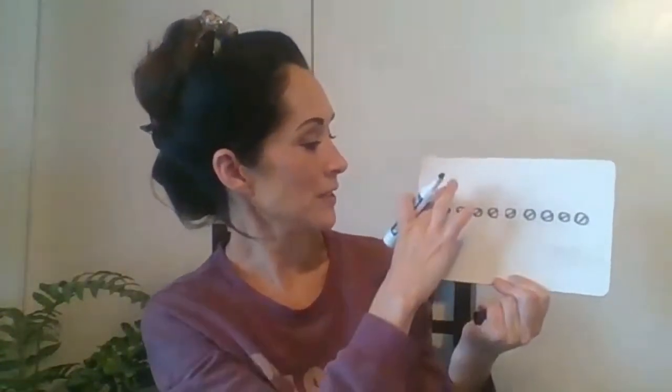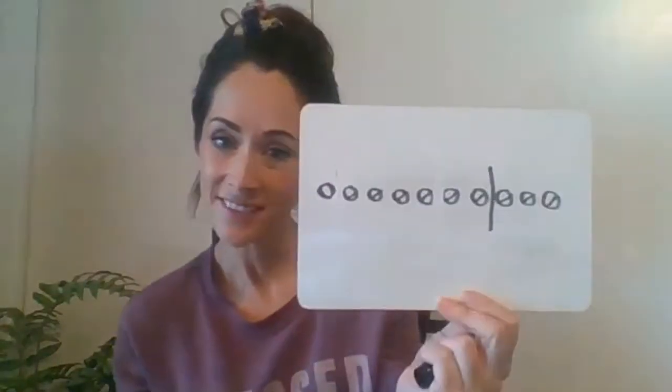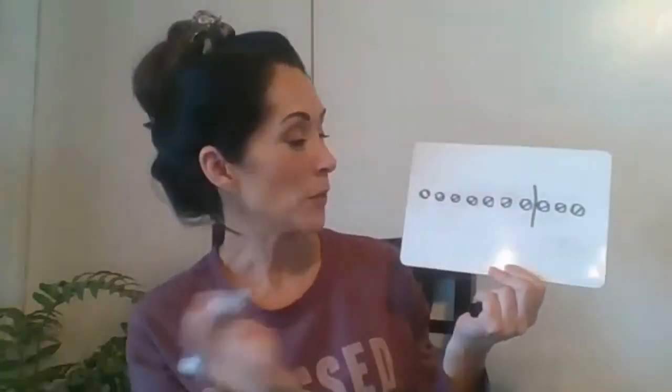Okay, let's do one more together. I'm going to erase my divide right here. Okay, so this time I'm going to break it right here. Do I still have 10? I do. So now it's just broken up into different partners.